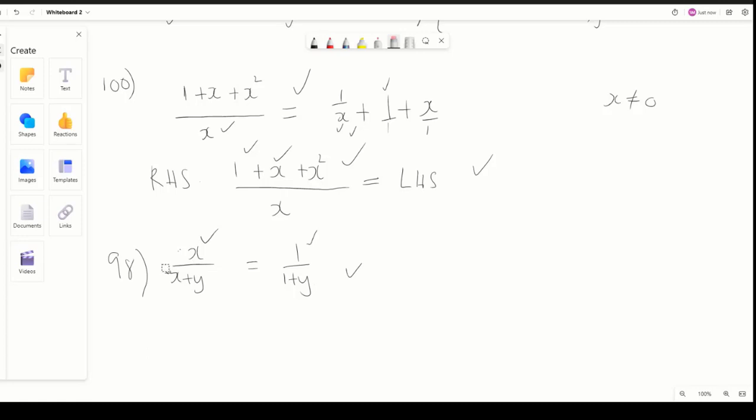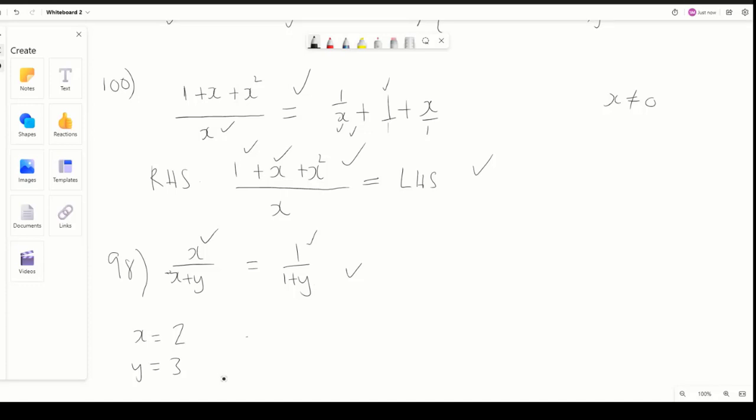And to show you that this is false, I can select any value of x and y and show you that therefore the equality cannot hold. Let me choose x equal to 2, just to show that it's not true. Choose x equal to 2, and I choose y equal to, say, 3.